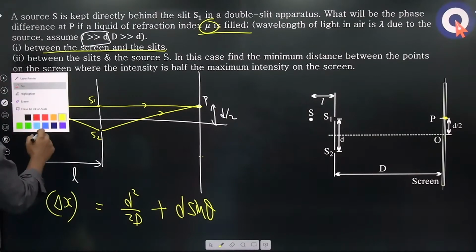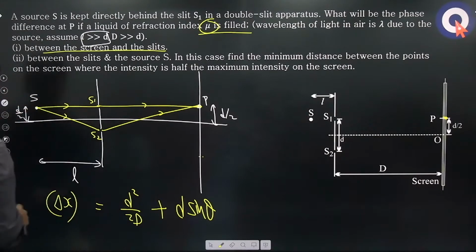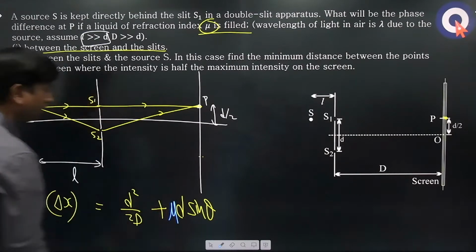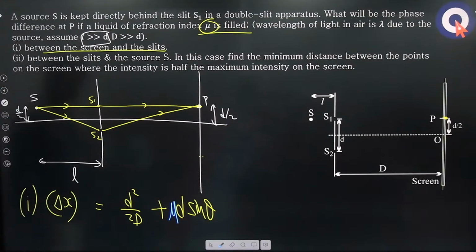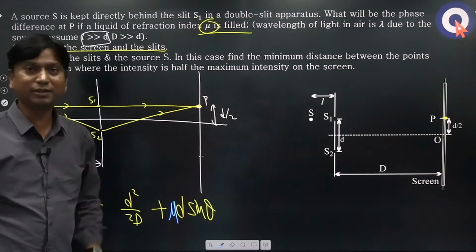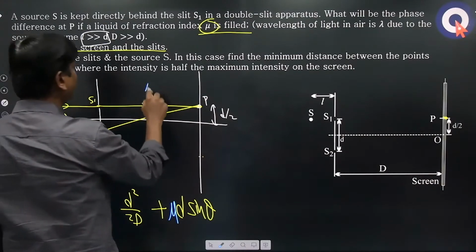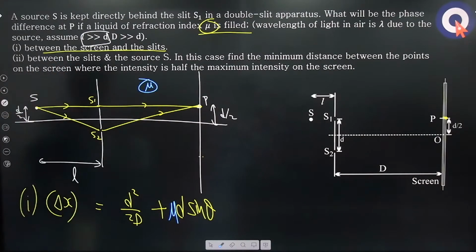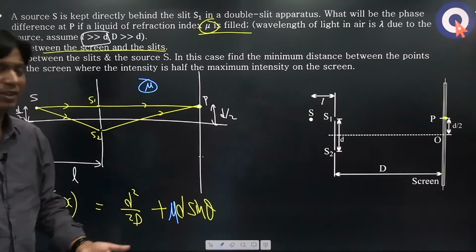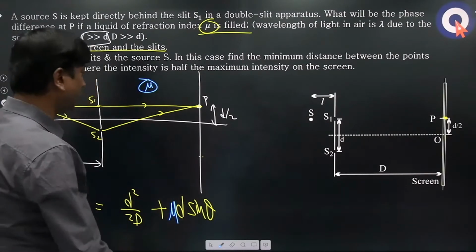So here you add nu, and this becomes the total path difference between SS2P and SS1P, because this is a medium of nu. Once you get the path difference, you know how to find the phase difference. Rest is very simple.